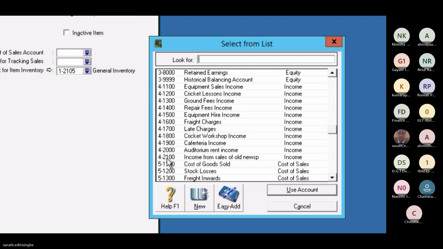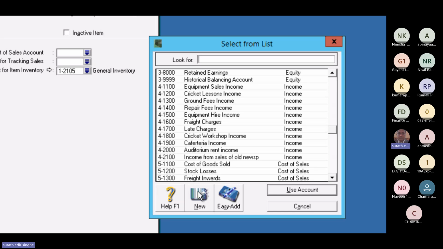After that, under section 4, note down 2200, asset disposal income, or sales of assets. Any meaningful name you can maintain. Right.